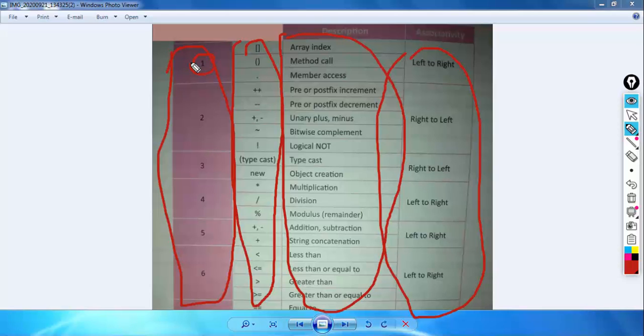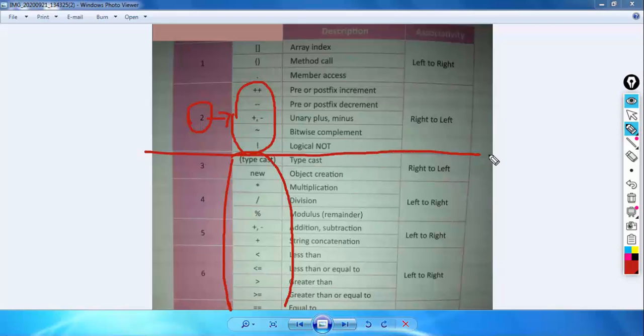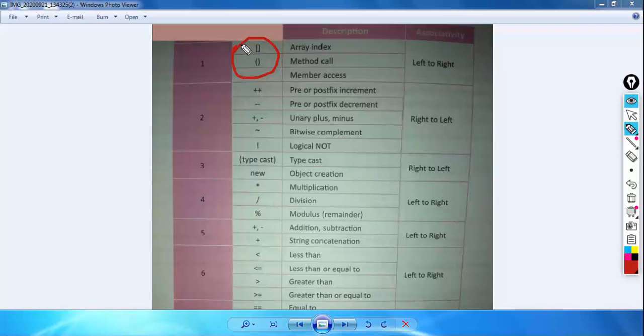Smaller the number, higher the priority. For example, all operators belonging to priority 2 will execute before the operators that come after 2. The operators at the top will execute well before any other operator, because they have the highest priority.